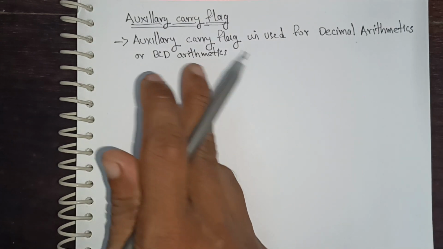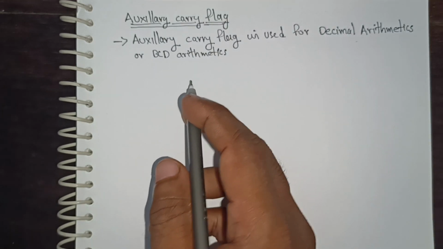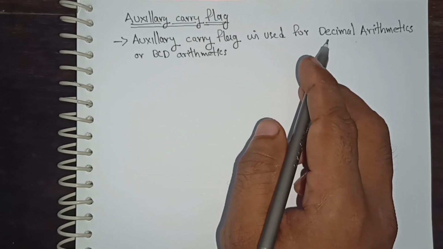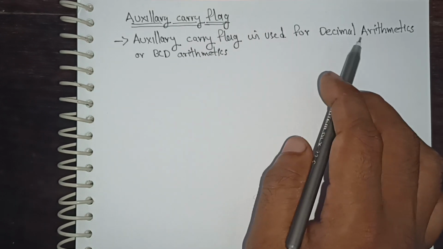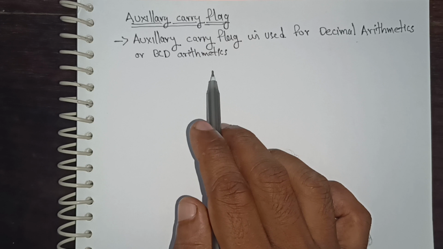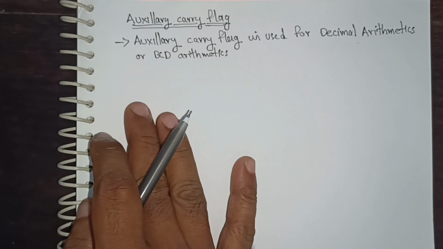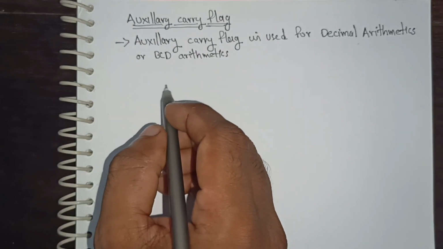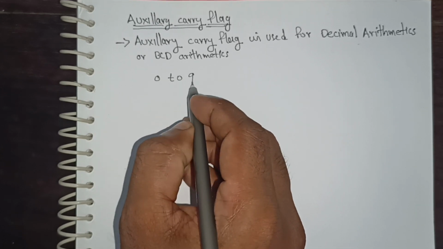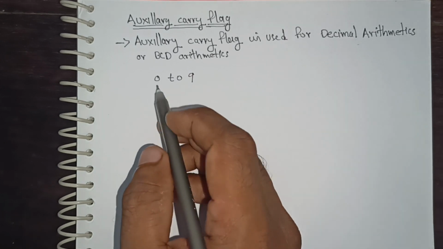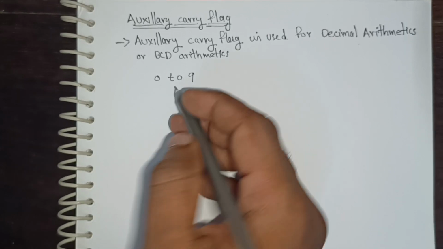Now we will see the auxiliary carry flag. Actually, the auxiliary carry flag is used in decimal arithmetic or BCD arithmetic. Okay, decimal arithmetic is also called BCD arithmetic. So in a decimal system, we have numbers from 0 to 9, and each number is represented in its corresponding 4-bit binary number.